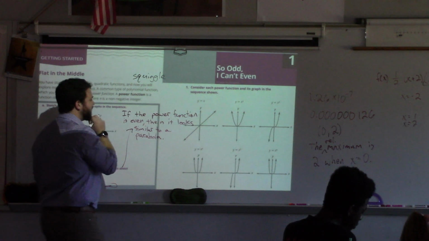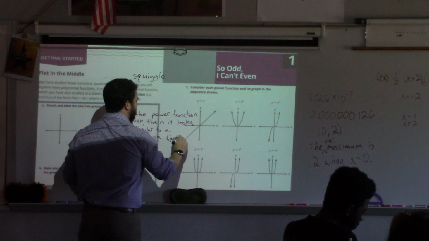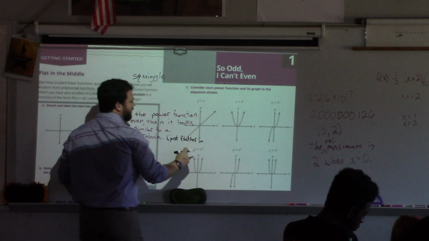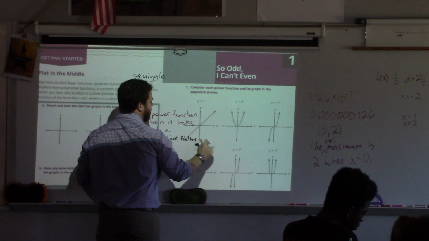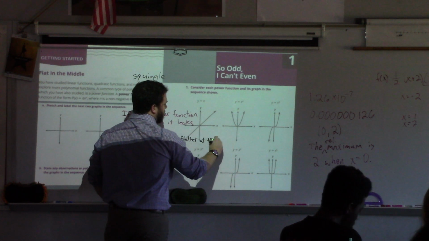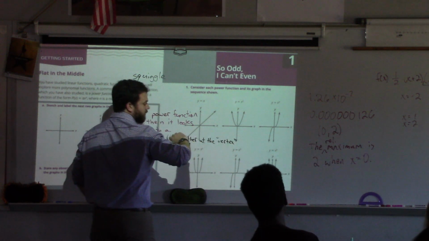So if the power function is even, then it looks similar to a parabola, just flatter in the middle, or let's call it flatter at the vertex. It's not quite a vertex, kind of is.